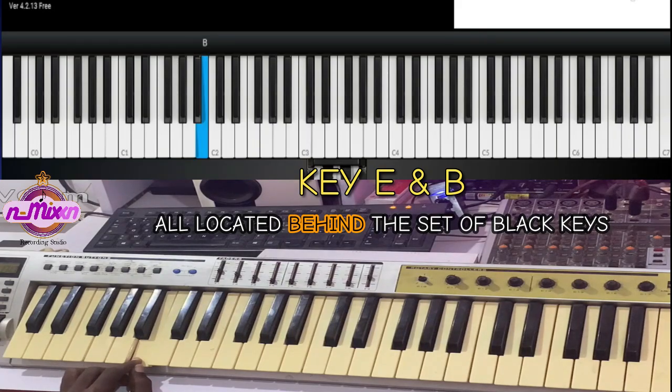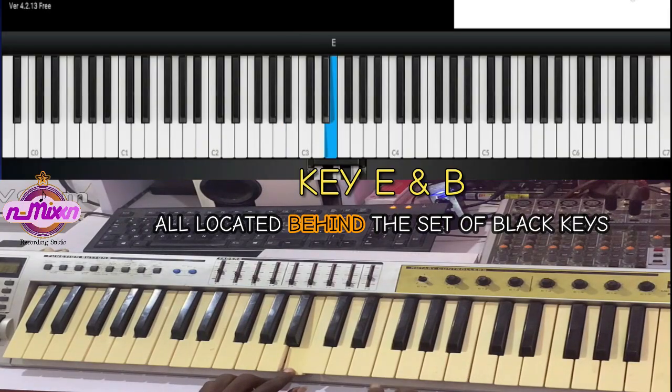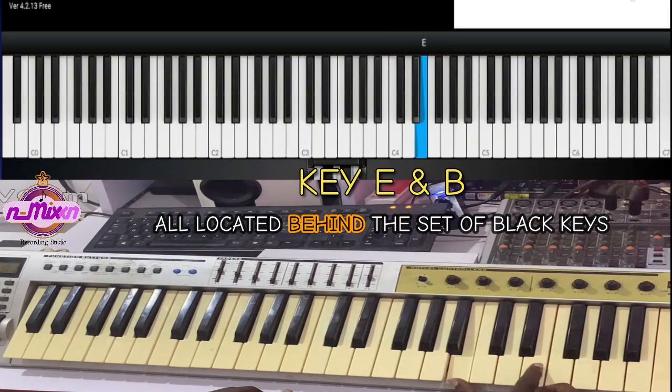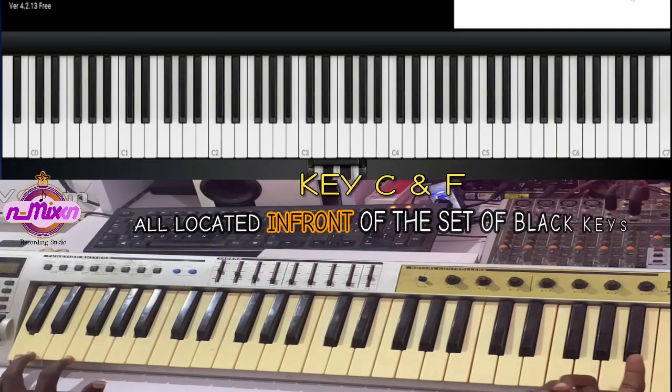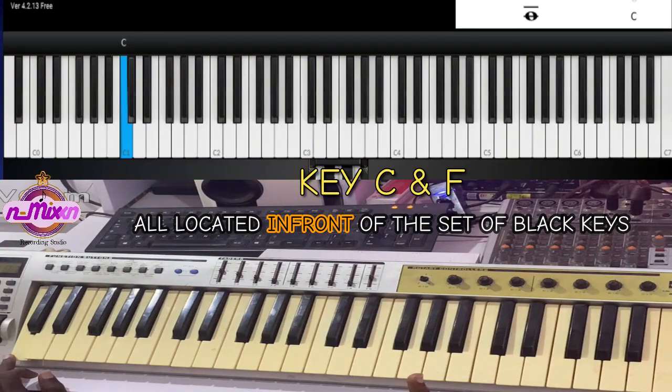B is last here, the three sets. So the next time you see your piano, I hope you can know the difference between a B and an E, just like you know the difference between a C and an F. C begins the two sets of black keys, and then F begins the three sets.